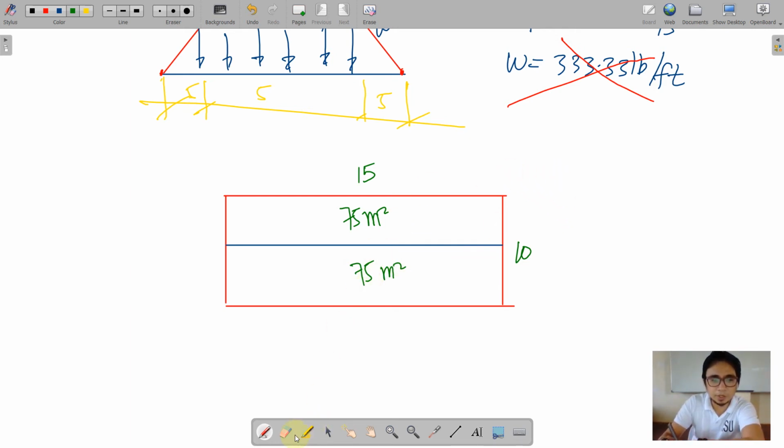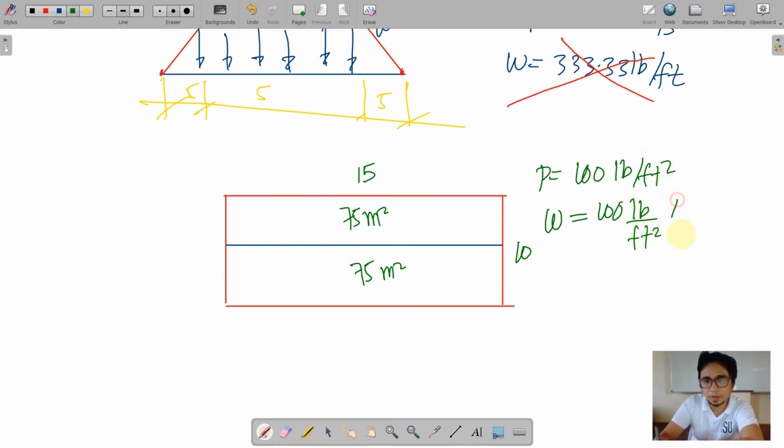Of course, the pressure loading is equivalent to 100, and if we are going to get W, we have here 100 pounds per square feet times, sorry, this should be in square feet. We are in English. 75 square feet.